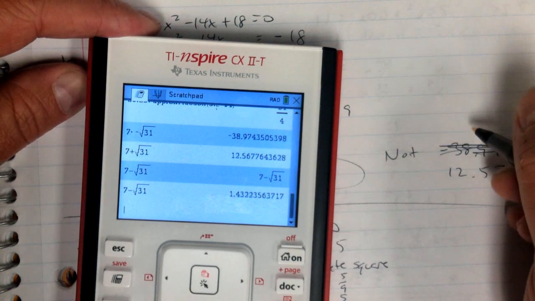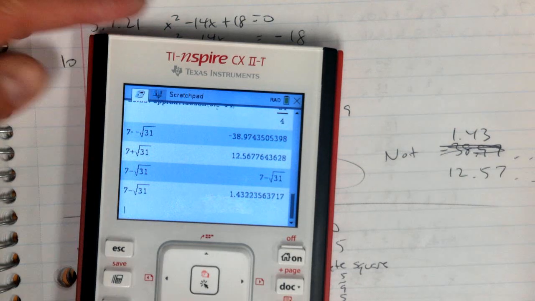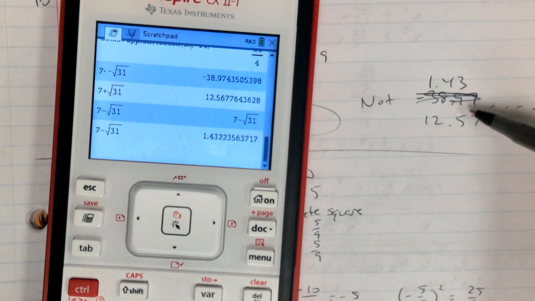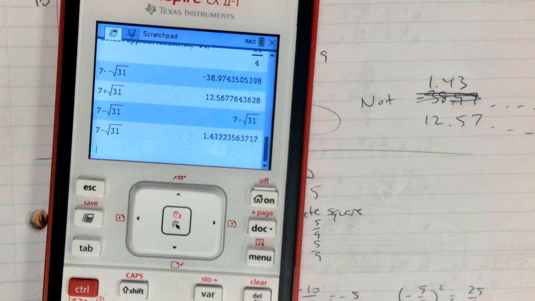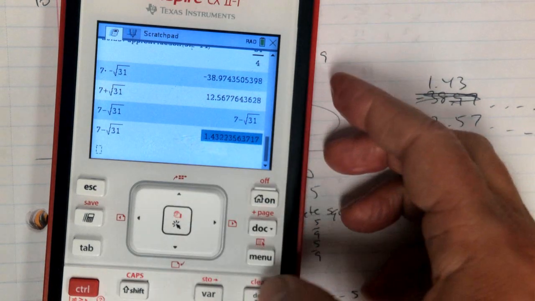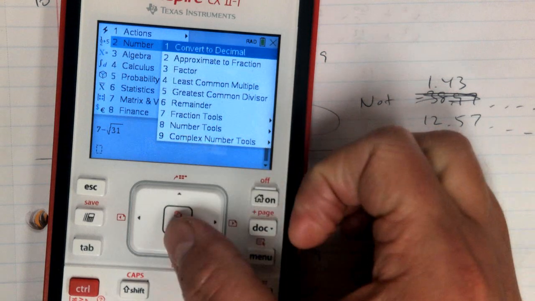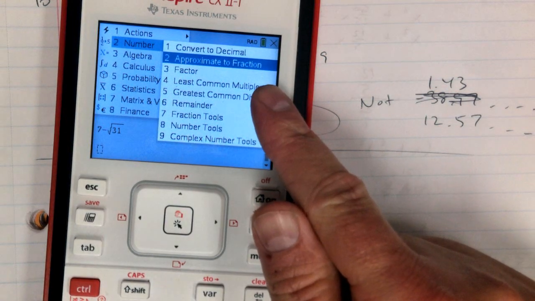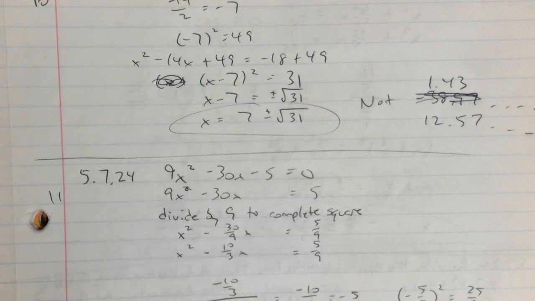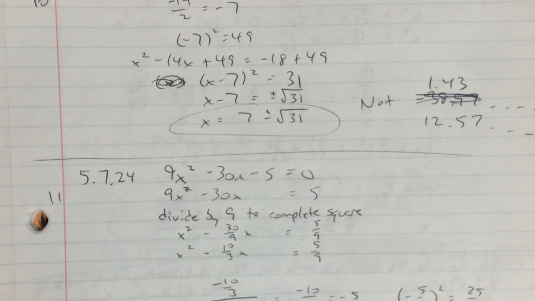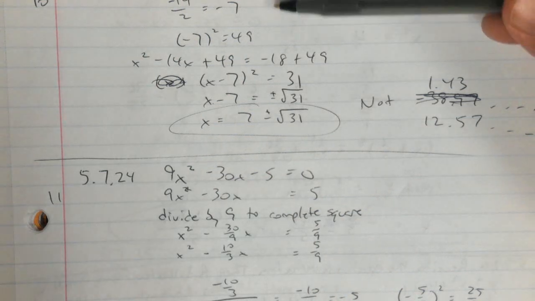This one was 1.43. So you can't convert these to a square root. See, if you try to take this number and you want to make it a fraction, but you really want to make it a square root, that doesn't exist. You can't do it that way. So you just have to do the math old-fashioned, you know, just work through the process.